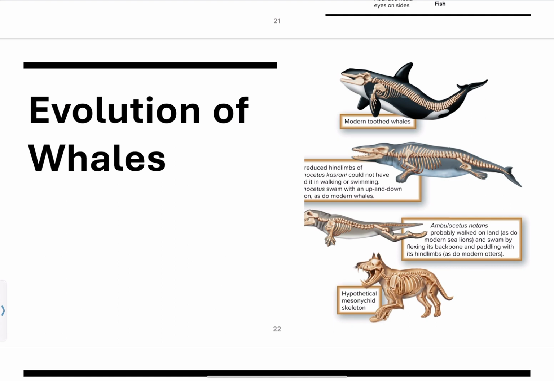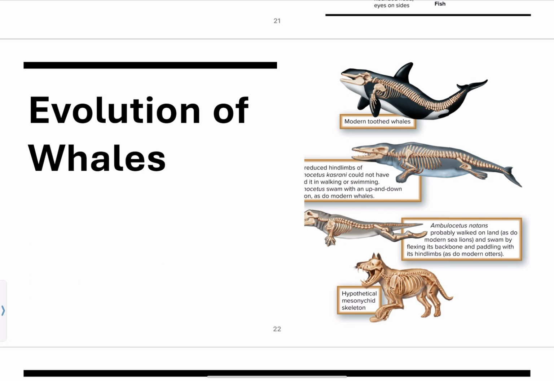Over time, transitional species like the Ambulocetus, meaning walking whale, show limbs adapted for swimming and still capable of walking on land. So, as the whale ancestors became more aquatic, their nostrils migrated to the top of their heads, eventually forming their blowholes, and their limbs became flippers.